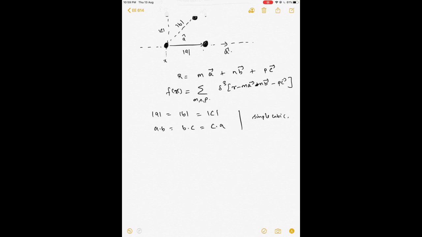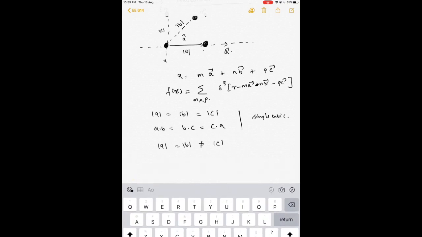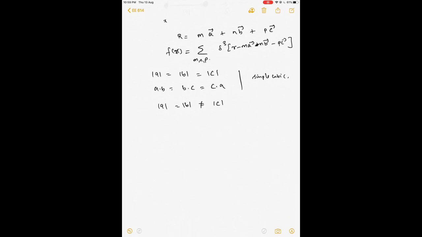There are 7 different combinations like this, and he named each one of them depending upon the independent relationships. And let us say if the modulus of A equals the modulus of B not equal to the modulus of C, and the second condition is still the same, it is called tetragonal, and so forth.